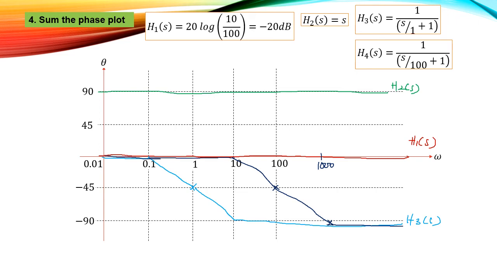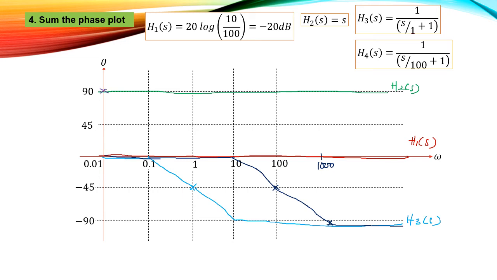Okay, so now let's sum them up just as the magnitude summation. So you need to consider point by point. Start at omega equal to 0.01. So let's use purple color for the summation. So at omega equal to 0.01, you have 90 degree, and then plus 0 degree, so it's 90 degree.